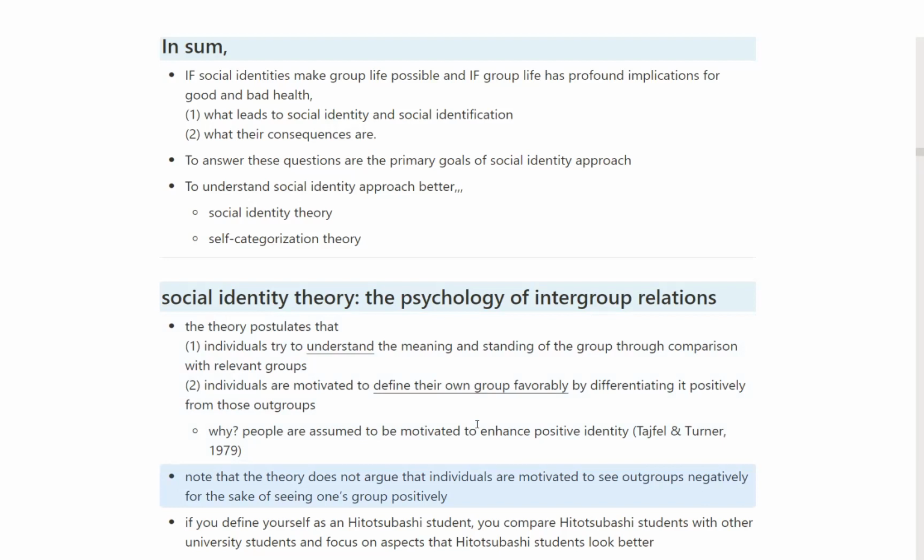Okay. One note here is that this social identity theory does not argue that individuals are motivated to see outgroups negatively for the sake of seeing one's group positively. And I guess this is a hard assumption, or hypothesis, that you may find difficult to think of examples for. Let's say we are all Japanese, and you might want to think how you can find good aspects of Japanese.